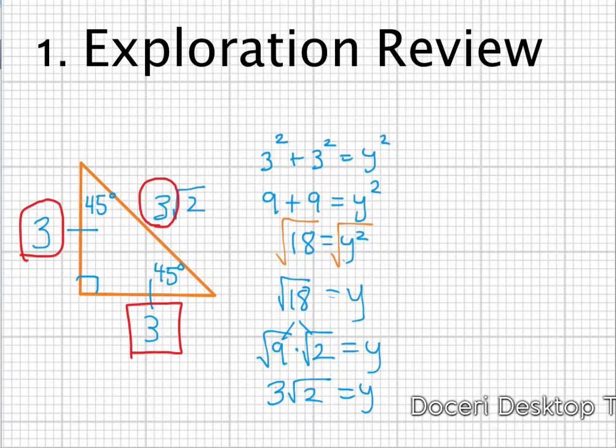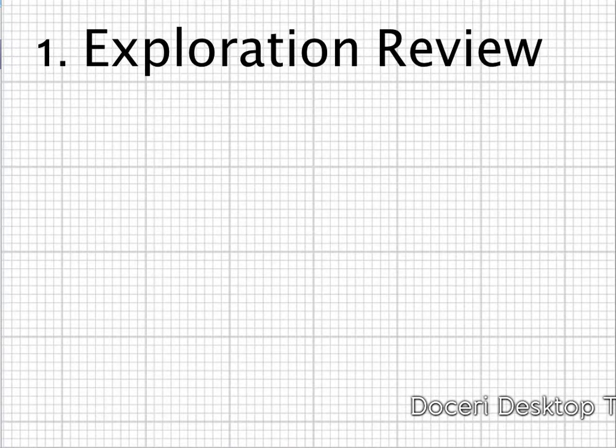If you did the second part of this part of the exploration, you'll notice you'll have the same pattern. Whatever your legs are equal to, you will also have in front of the square root of 2 for your hypotenuse. So this is where we have our pattern.